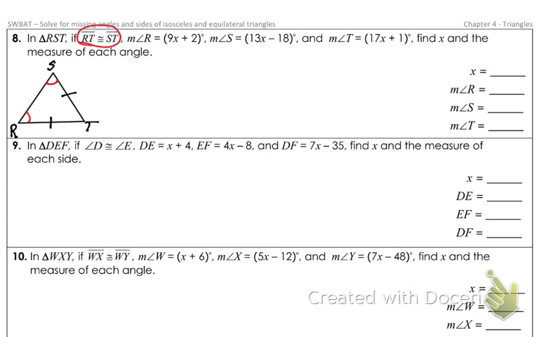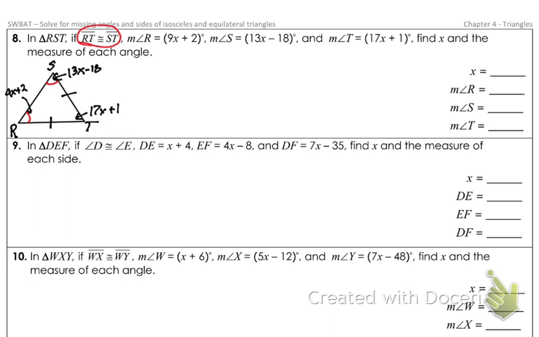So then they go, oh, R is 9x plus 2. Then they tell you S is 13x minus 18. And then finally they tell you that T is 17x plus 1. Had we not drawn this picture, we might not know which two are congruent.